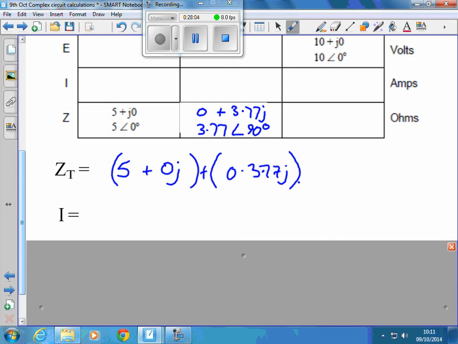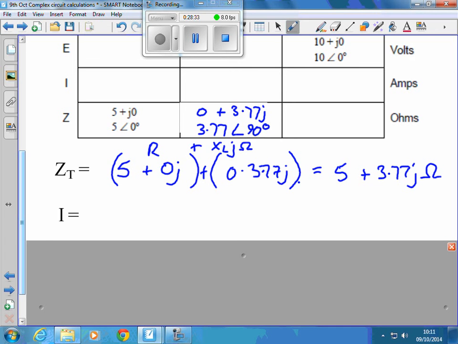Yeah, it is in fact R plus XL J ohms. So that equals 5 plus 3.77 J ohms. These numbers must have units as well, gents, by the way.